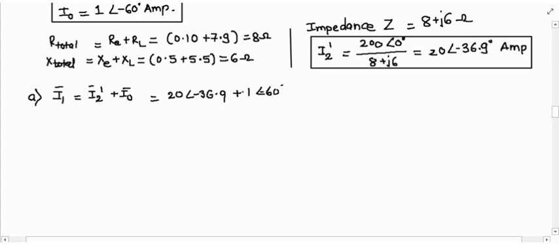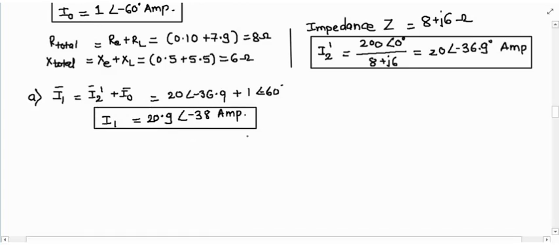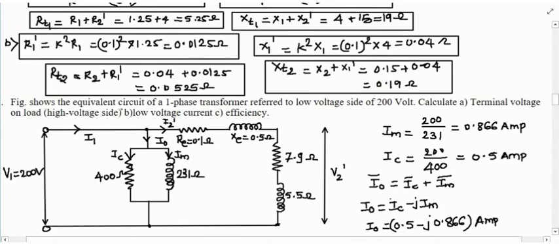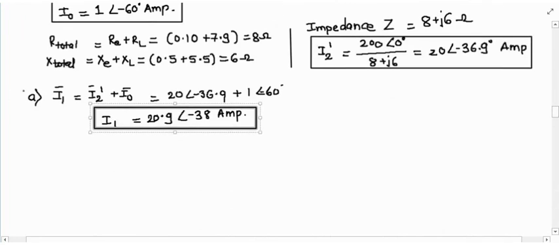Okay, so I1 you will get as 20.9 at an angle of minus 38 ampere. Okay, so we got the primary current. First, the B part is over, student. B part is over means the low voltage side current I1 we got. Now we have to find out the terminal voltage. So this is your B part.